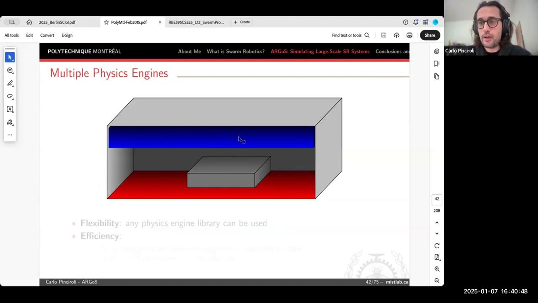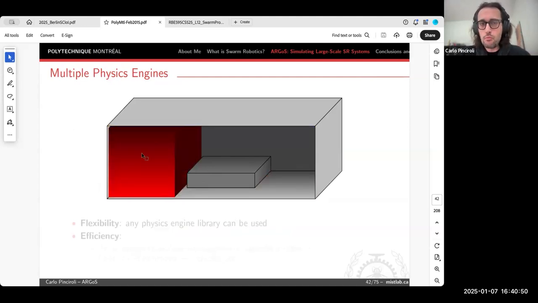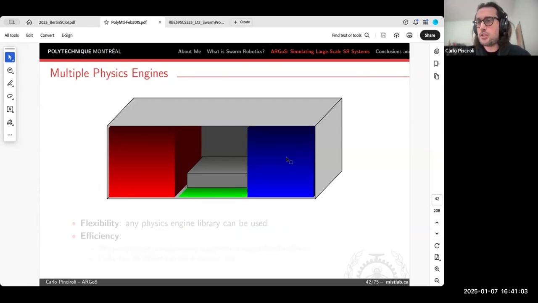Or if I want, I could divide the environment into a room here handled by a 3D physics engine, and a corridor in which only the robots that are on the ground can go. So I can simulate just a 2D physics engine there, and then I have a 3D engine here.